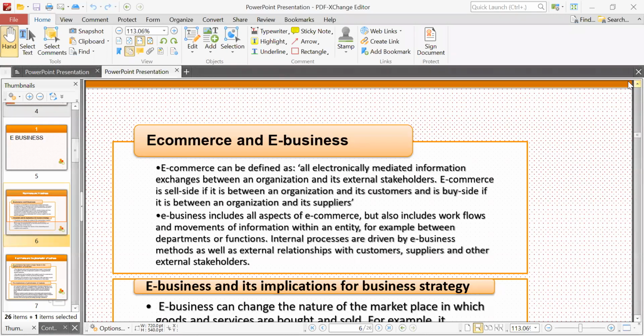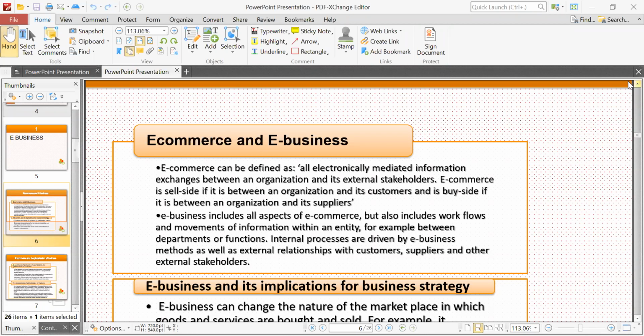E-business, as we already reiterated, includes all aspects of e-commerce, so it's a much broader term. But it also includes workflows and movements of information within the entity. When you're looking at e-commerce, you're looking at information exchanges between an organization and its external stakeholders.